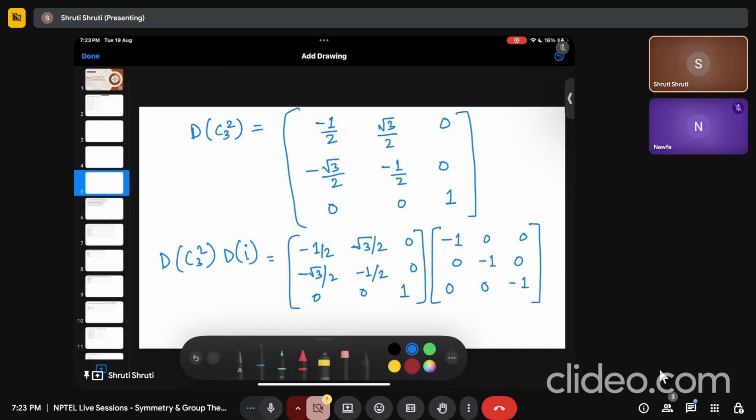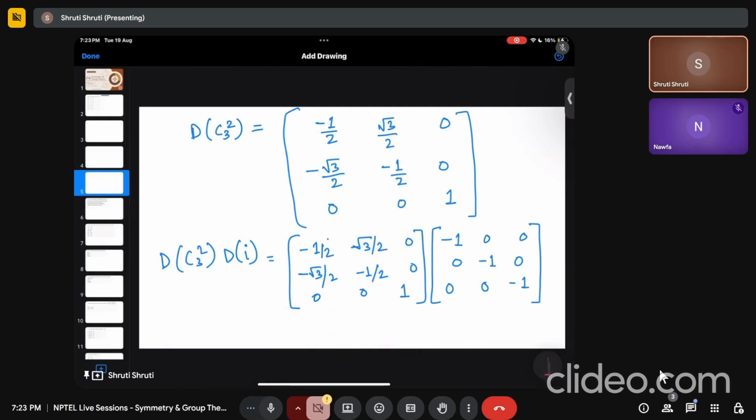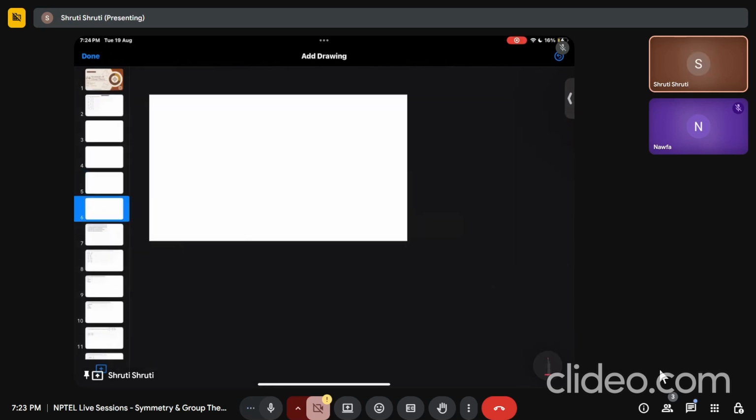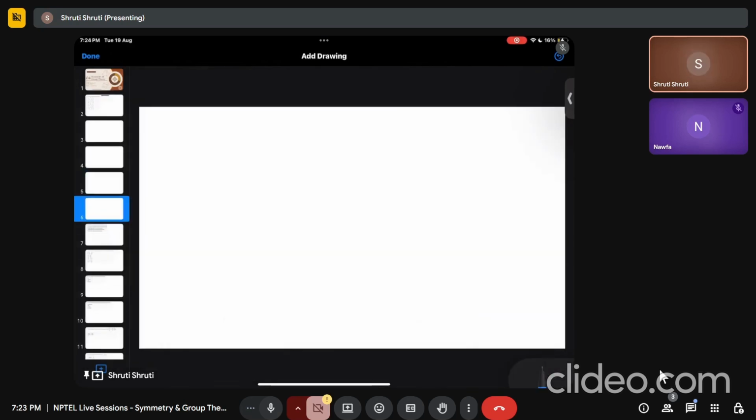So this and this, you multiply just like this. This is simple matrix multiplication.